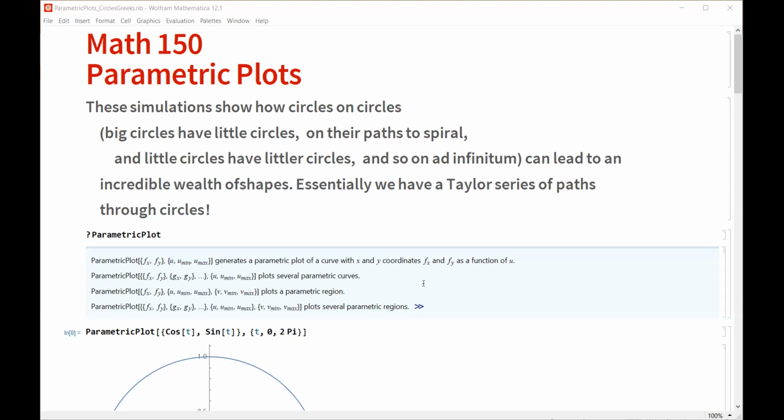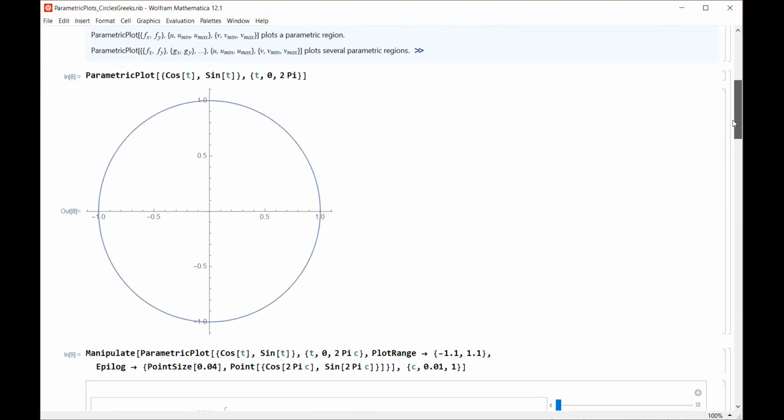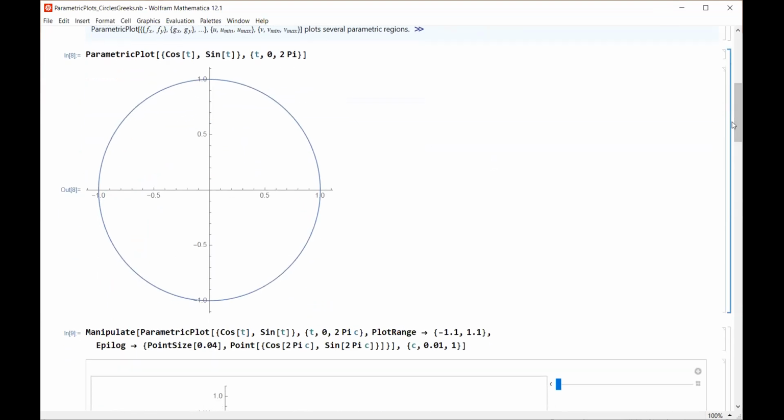I made some quick animations to show you what things would look like. These are parametric plots. I'm giving you positional coordinates x of t, y of t as cosine t, sine of t. This is just plotting a circle, with t going from 0 to 2 pi.